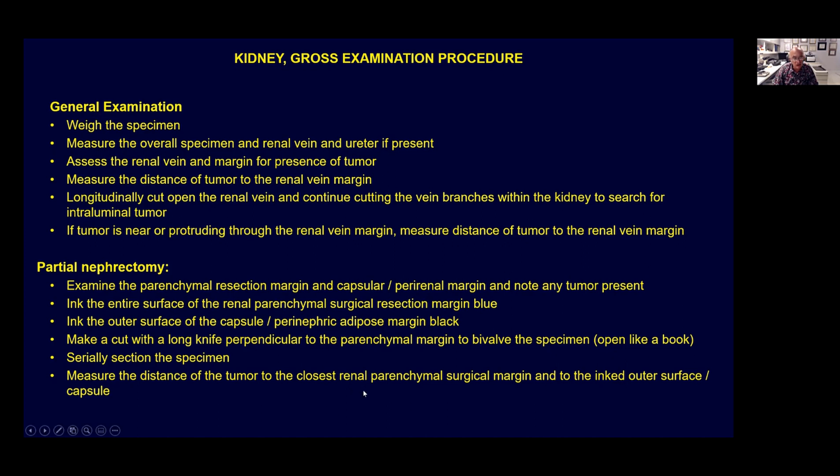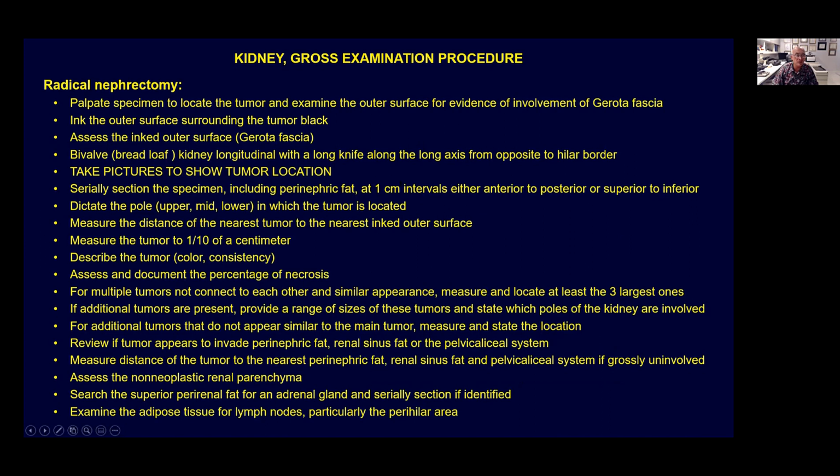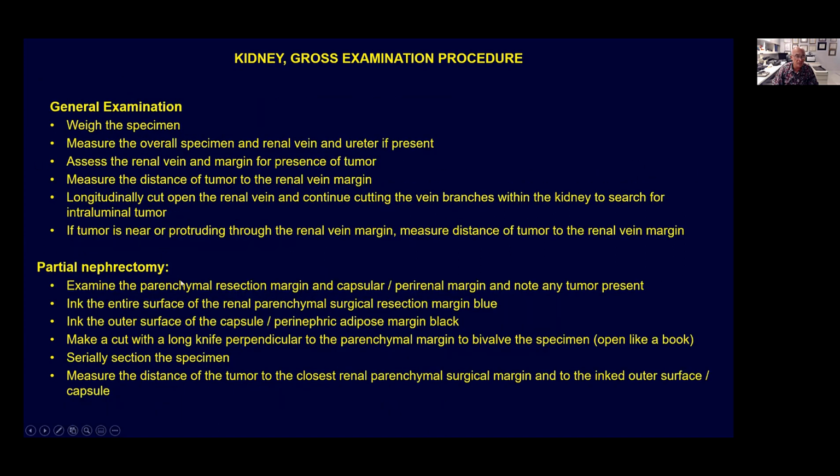So the inking and the cutting, etc., all of these are going to be part of your procedure, and we are going to do a more detailed description in the radical nephrectomy. And regarding the taking of pictures here in the partial nephrectomy, I forgot to mention that you need to take pictures. These pictures are very important, especially for the pathologist who is signing out, the faculty, because we are not usually at the gross table.